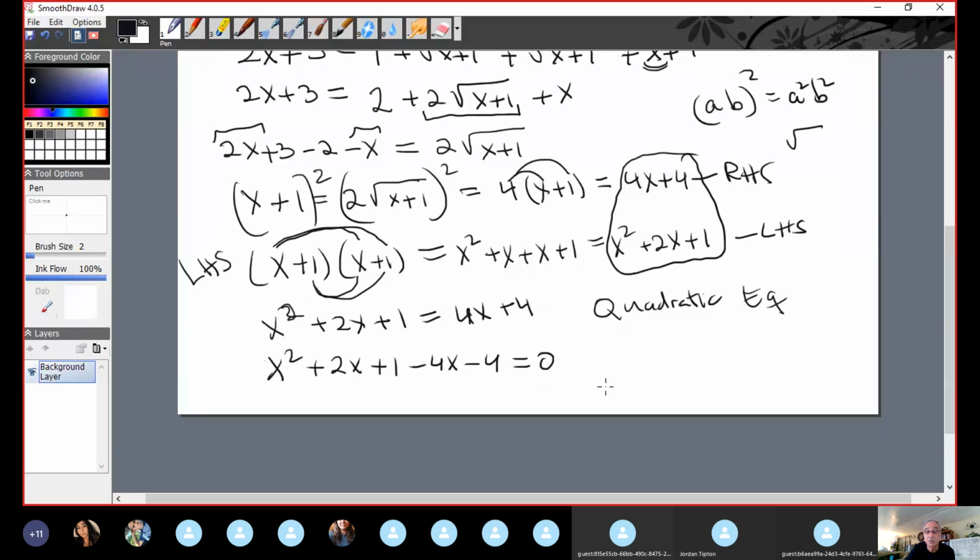Now we combine like terms one more time. Wow, heavy and long algebra. 2 minus 4 is negative 2. And positive 1 and negative 4 is negative 3. Equal to 0. Okay. So I focus my attention now on the solution for this equation.